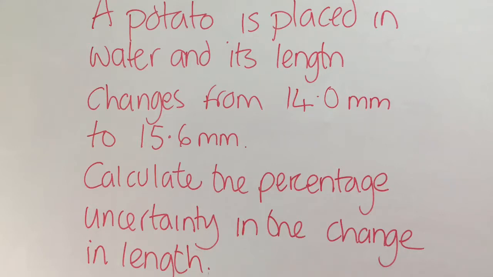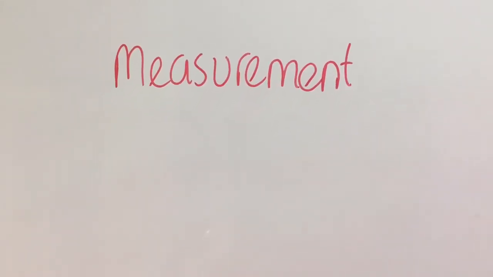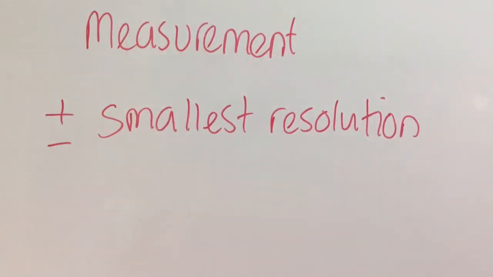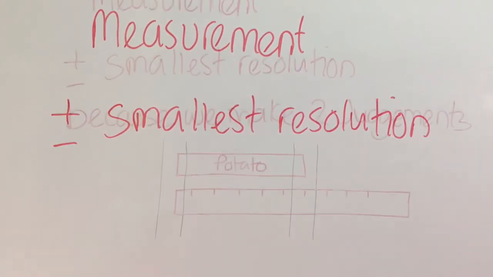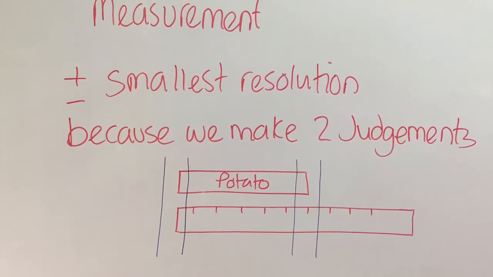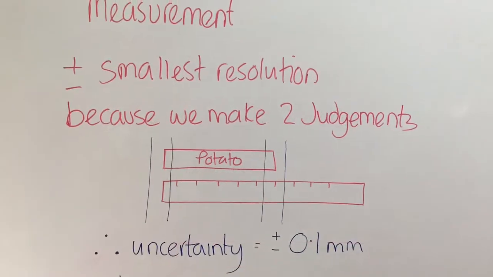If a potato is placed in water and its length changes from 14 millimetres to 15.6 millimetres, calculate the percentage uncertainty. If we're talking about length, then we have 2 judgments. So we're looking at a measurement and we're looking at the smallest resolution, which is in this case the 0.1 of a millimetre.